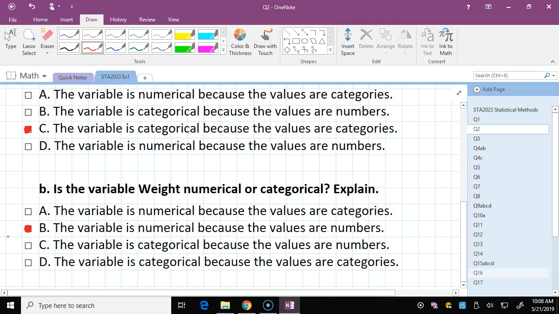And again, remember, numerical is all about measured numbers. That's where the numerical comes from. It's a measurement. Okay, that's kind of the big difference between categorical and numerical. Besides that, categorical most of the time uses categories, words.